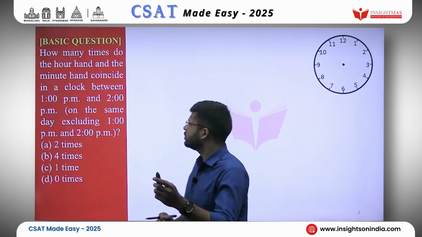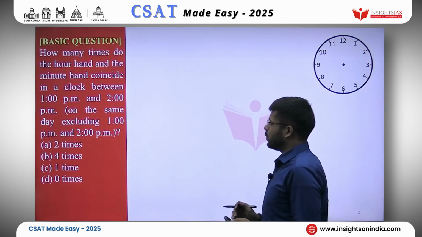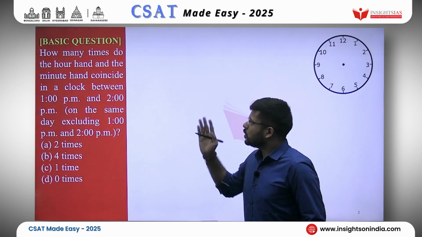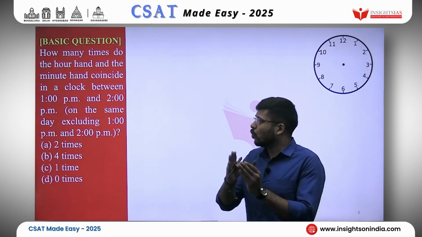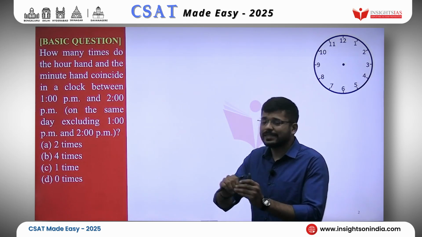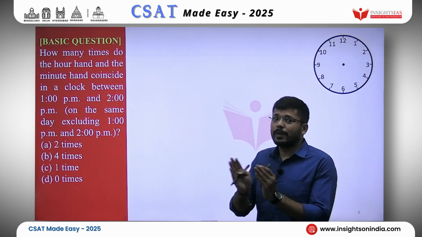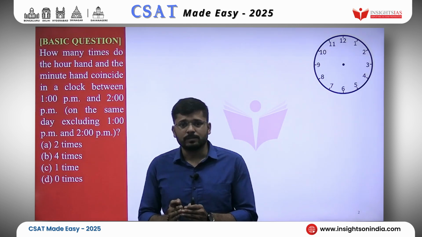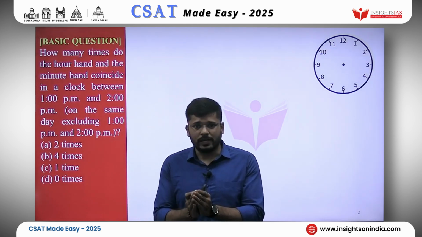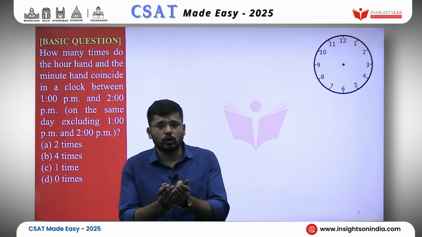What is our first basic question? How many times do the hour hand and the minute hand coincide in a clock between 1 p.m. and 2 p.m. on the same day, excluding 1 p.m. and 2 p.m.? What are they asking us? They are asking us that between 1 o'clock and 2 o'clock in the afternoon. How do 1 o'clock and 2 o'clock look?